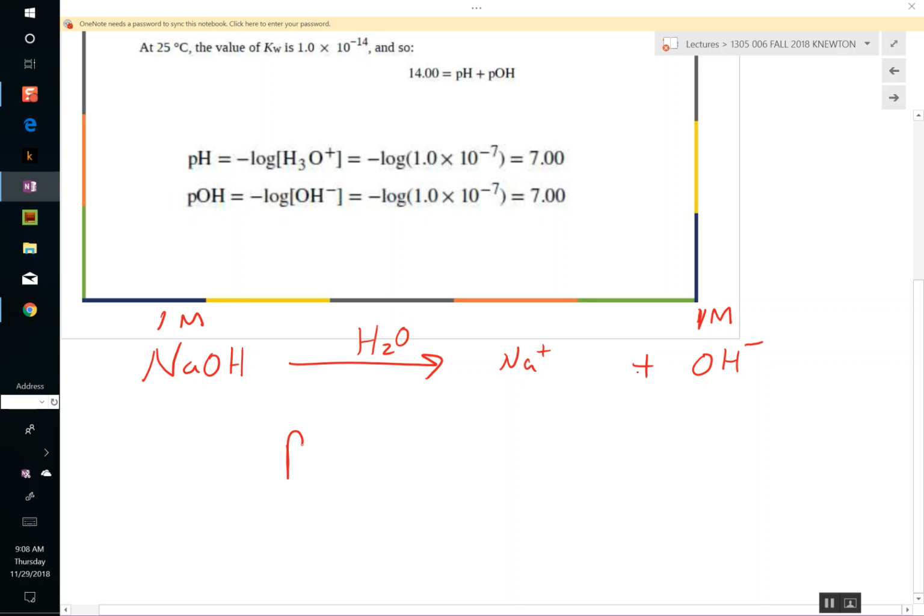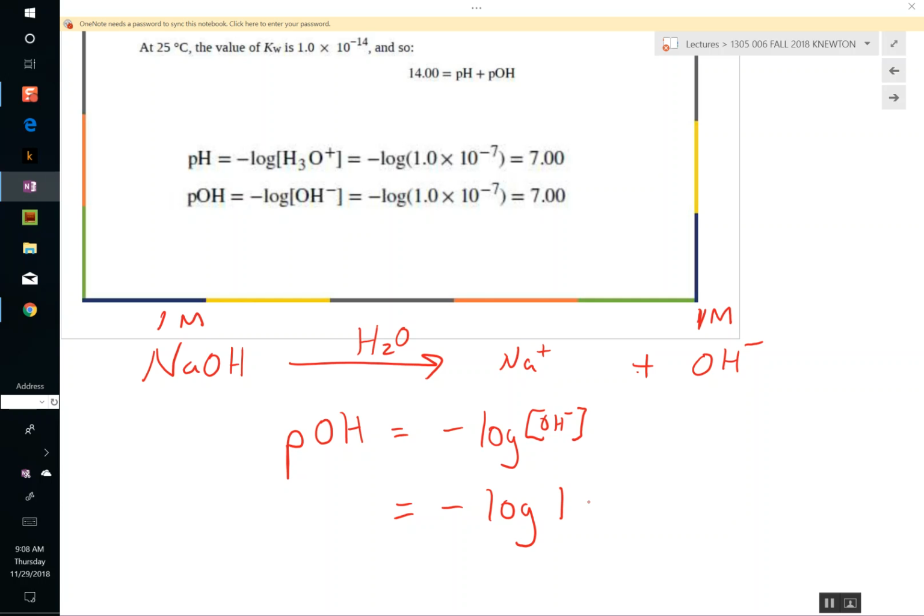And so my pOH is going to be the negative log of my hydroxide ion concentration. So the negative log of 1. So the pOH is going to be equal to 0.